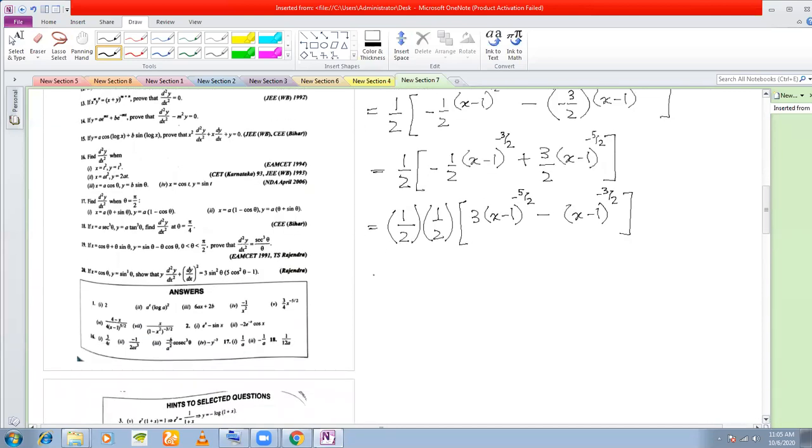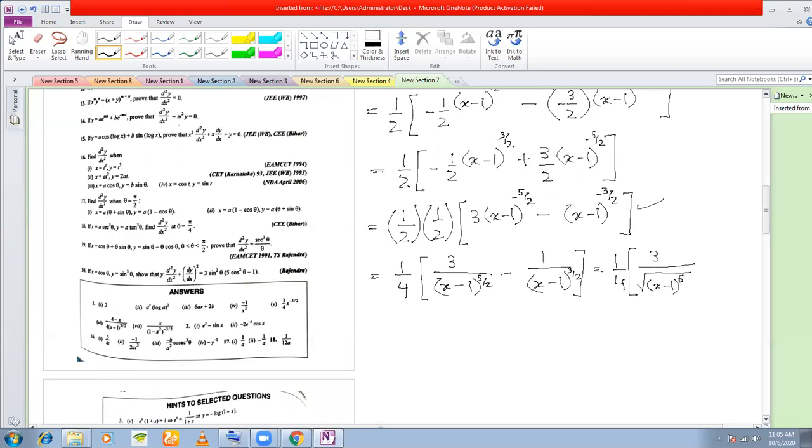You can simplify this further, although you will get full marks if you do till this part. So you can write this as 1/4 of 3 by x minus 1 to the power of 5 by 2 minus 1 by x minus 1 to the power of 3 by 2. And this becomes 1/4 of 3 by square root of x minus 1 to the power of 5.